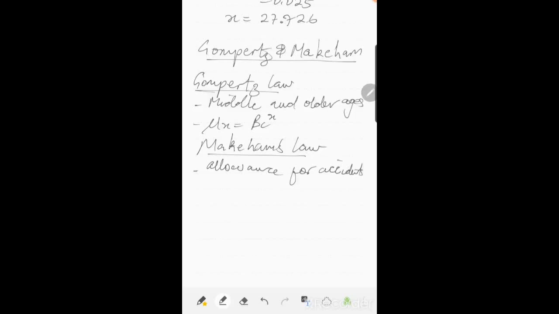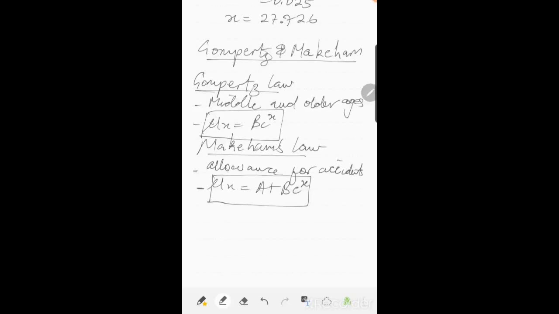Allowance for accidental deaths, independent of age, and it's denoted by mu x is equal to A plus Bc to the power x. So you need to know these two laws, Makeham's and Gompertz, because we use them in calculating.